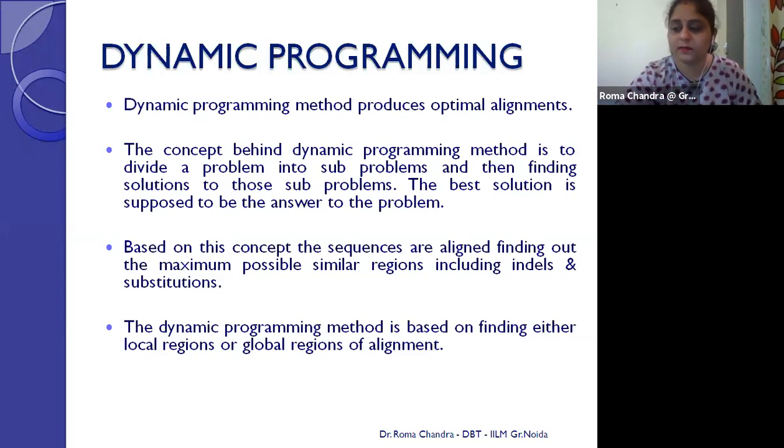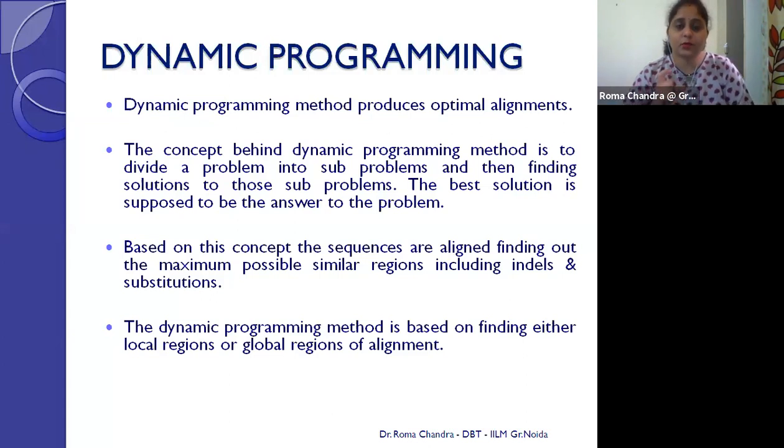Okay, so this will be the approach. How it works, we will see in further slides. Now, the second thing is, whenever I am going with the process of dynamic programming, you all need to understand that when aligning the sequences, we need to find the maximum possible similar regions.